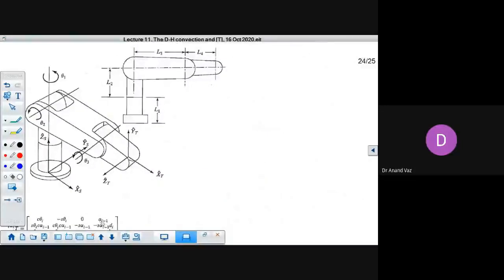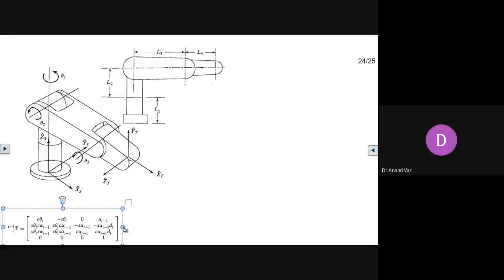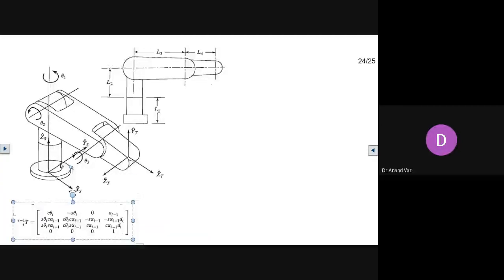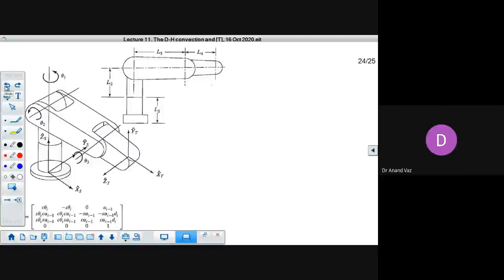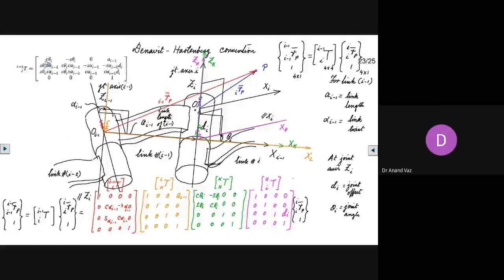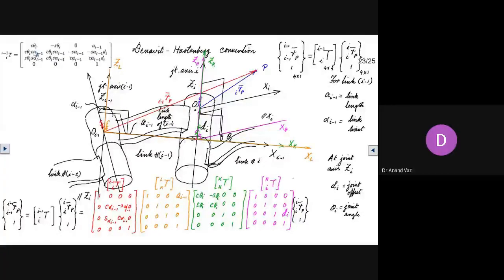You should get this expression here. So this transformation from I to I minus 1, you should get this expression.